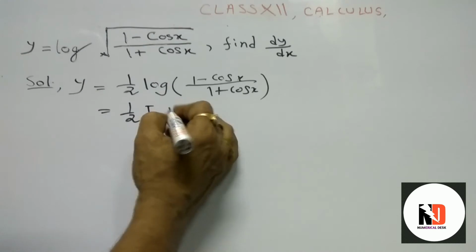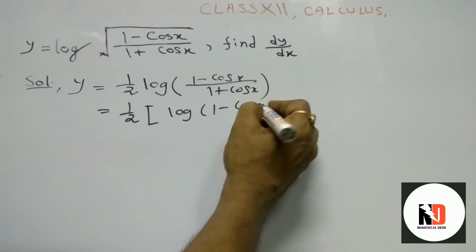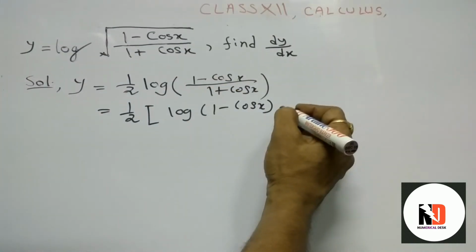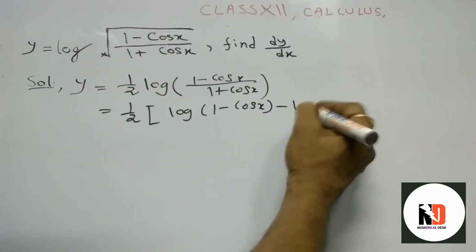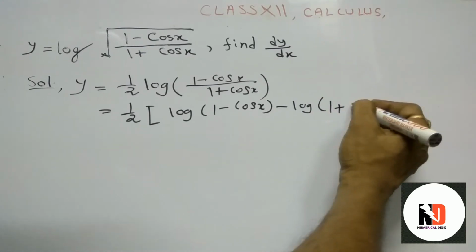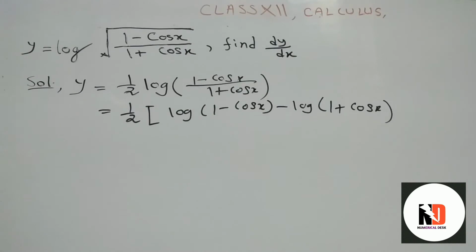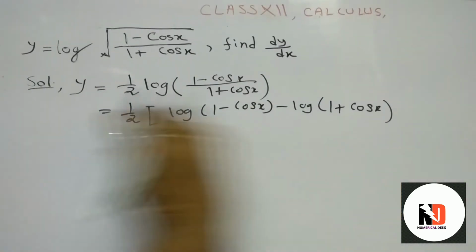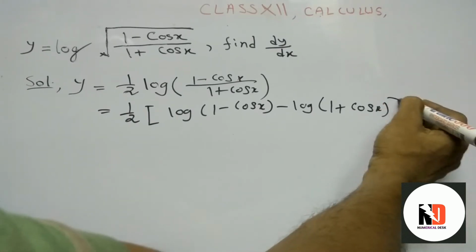Now log a means a is at the numerator, 1 minus cos x. Then minus b means the entire denominator, 1 plus cos x. Okay, no problem.